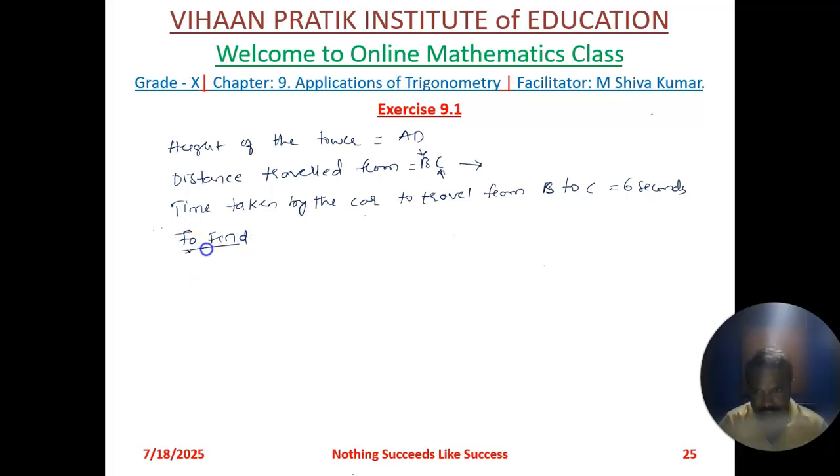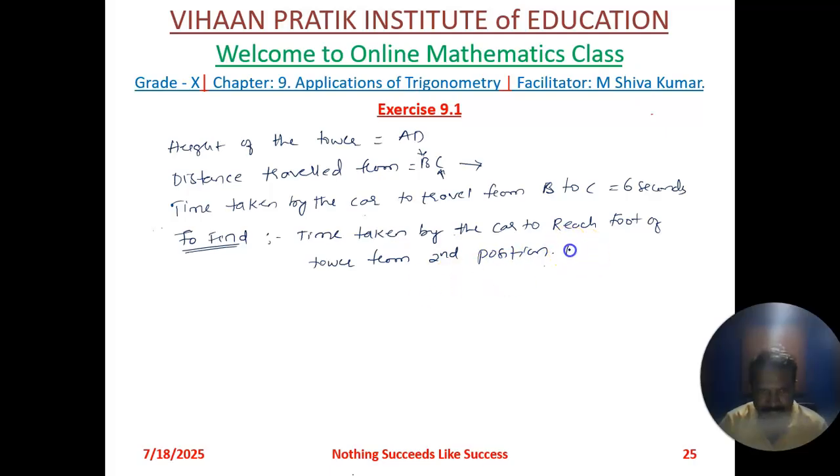To find the time taken by the car to reach the foot of the tower from the second position, that is C to D. So we need to find out the time taken by the car to reach from C to D. Okay, right.